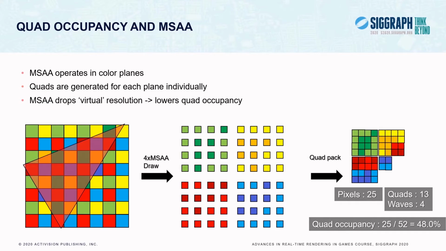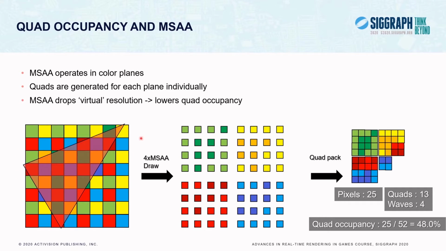Then comes MSAA. Multi-sampling anti-aliasing operates in something called color planes. Basically, every quad is generated for each plane individually to allow correct derivative calculation. This means that enabling MSAA drops the virtual resolution and hence lowers the quad occupancy.